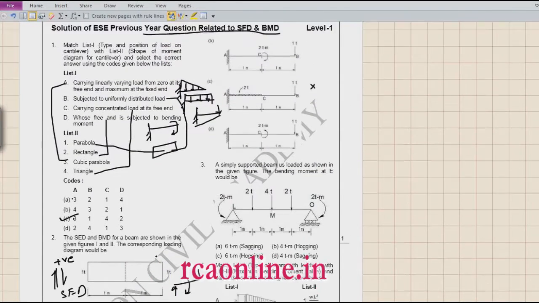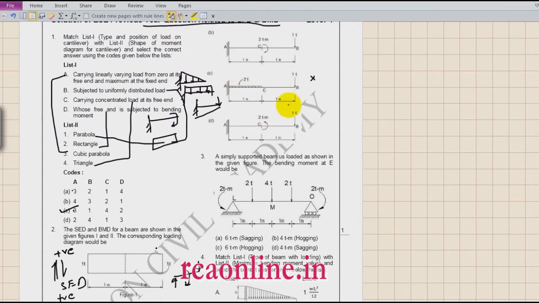Now if you see B and D, they give a couple or a moment with a point load. But if you see carefully, this direction and this direction are the same. This is giving a clockwise couple, and this is also giving clockwise. So B is the right answer.